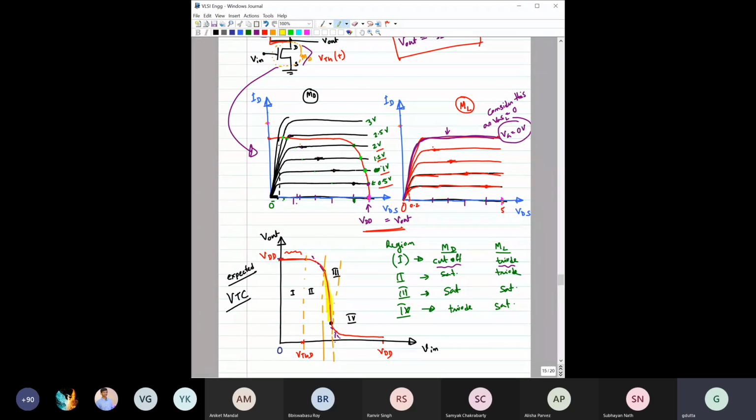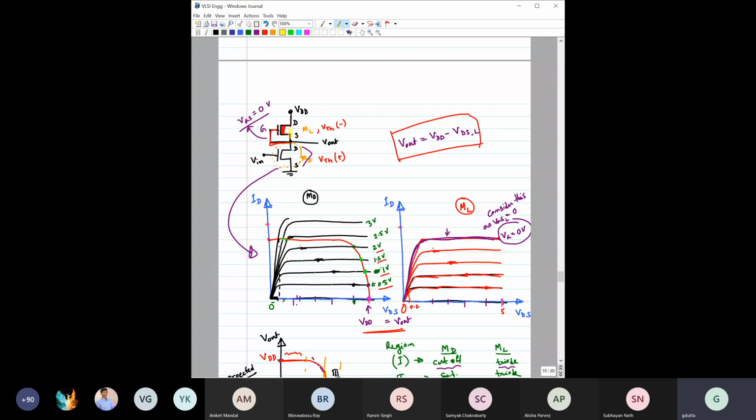then please don't say that we have not discussed this in class, because it is a repetitive thing. If you understand the basic thing here, the equations are the same. Write the equations for the saturation region for both this transistor and this transistor, equate the current, and that will give you the V output versus V input relation.